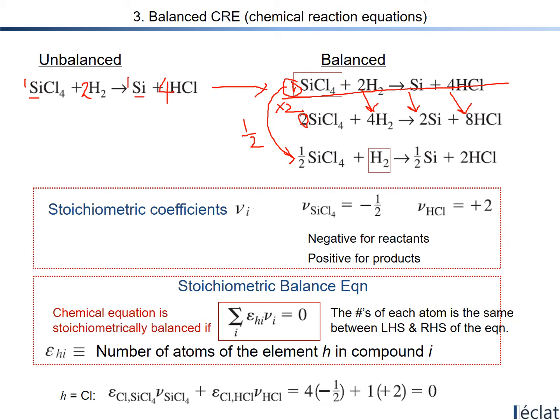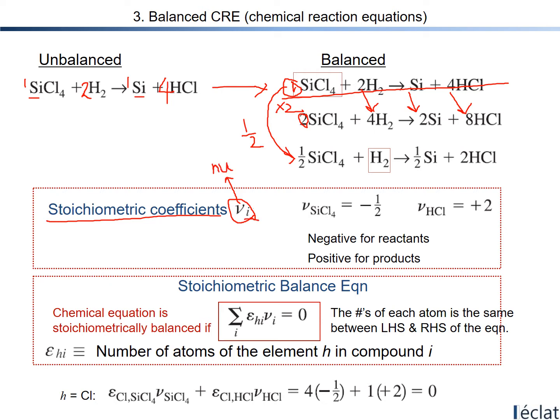So let me define the convention of the sign of the stoichiometric coefficient. Here's the stoichiometric coefficient. Sometimes I say nu I, nu with subscript I. This is the Greek letter, pronounced nu.